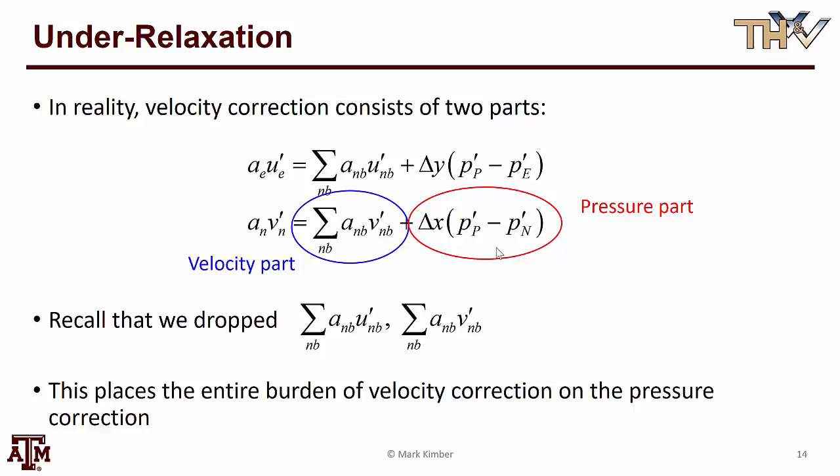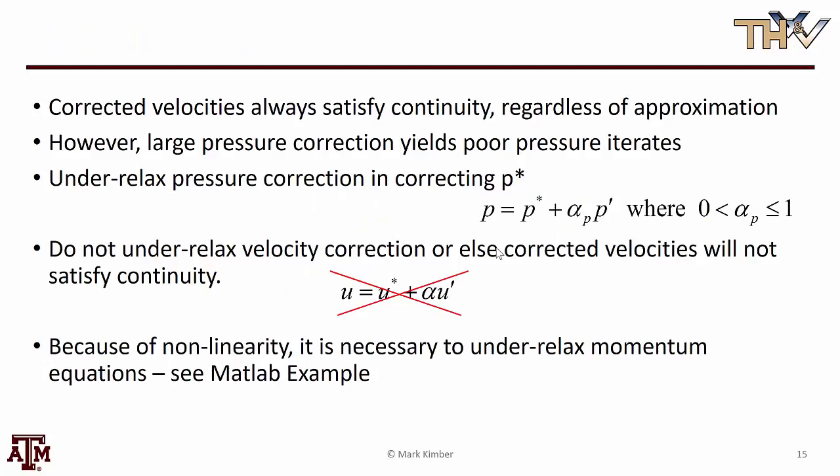So as we're going through this loop and we're correcting based only on pressures, it places a large numerical burden on the pressure corrector. And so what we want to do is use an under-relaxation approach to the pressure.